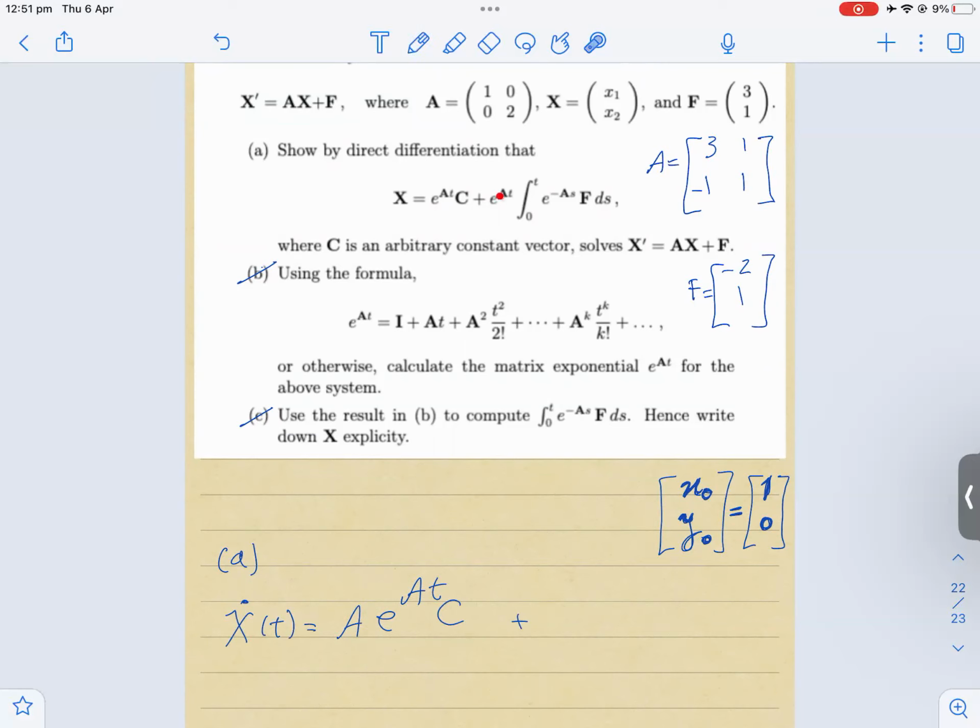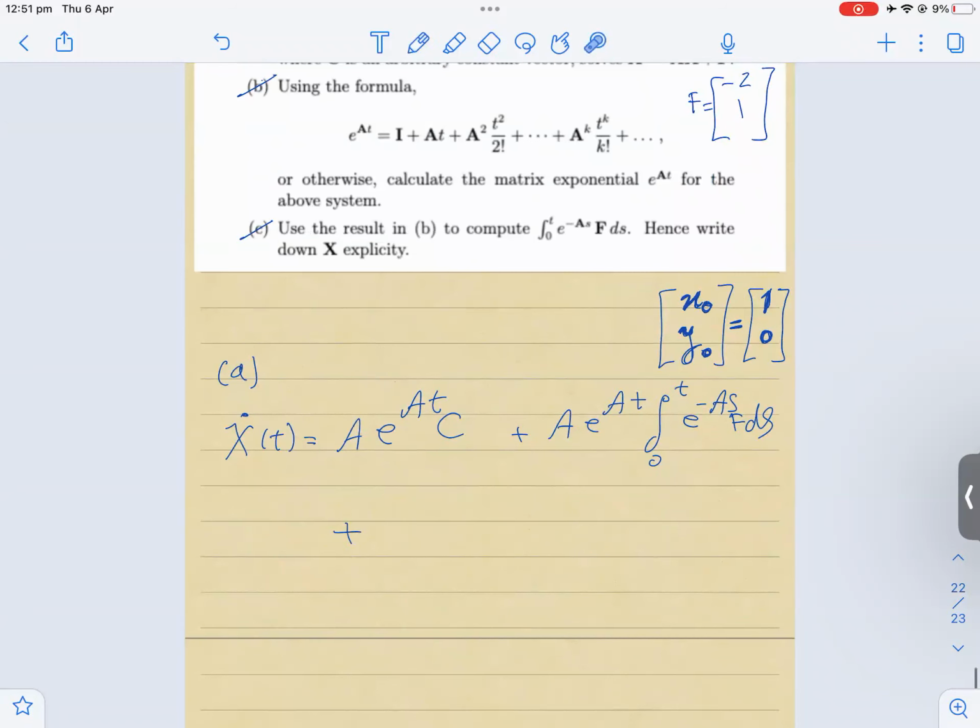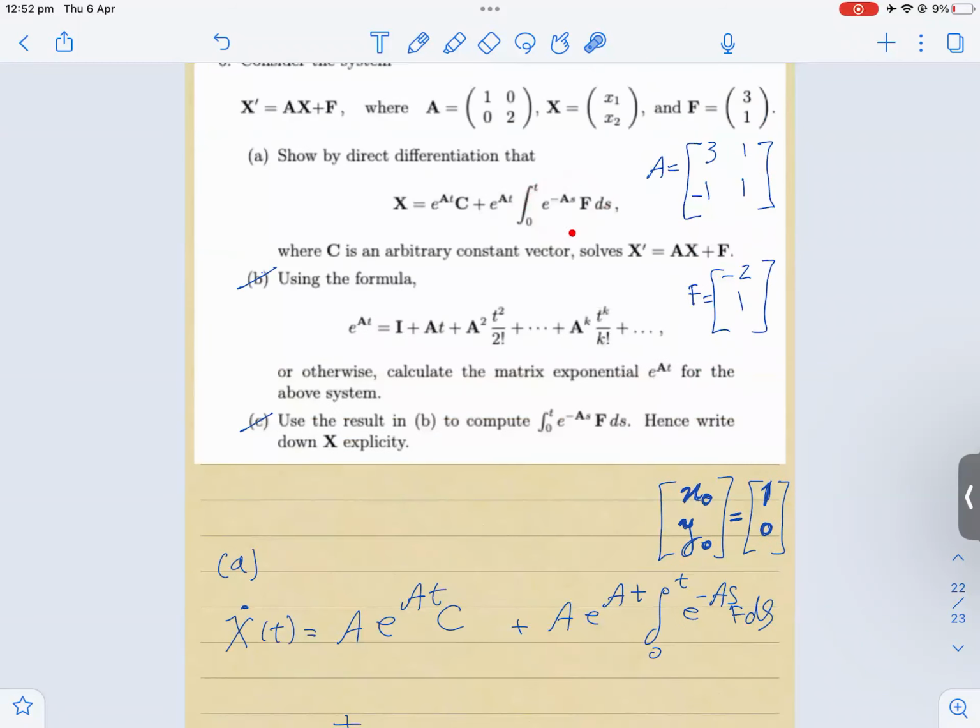The second expression, by the product rule, is the derivative of this one times this: A times e to the At, integral 0 to t, e to the minus As f ds, plus the derivative of this integral.